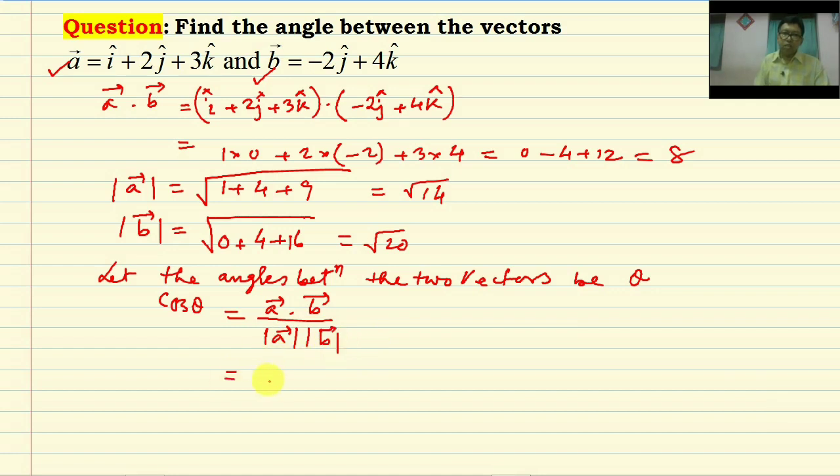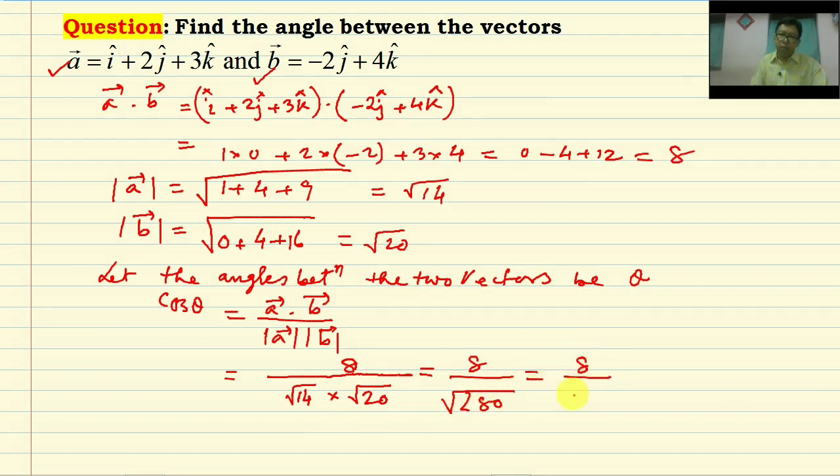A dot B is found, this is 8, divided by modulus A, root over of 14, into modulus B, root over of 20. So this is equal to 8 upon root over of 14 into 20, that is 280, so 8 upon 2 root over of 70. The 2 is cancelled, giving 4 divided by root over of 70.